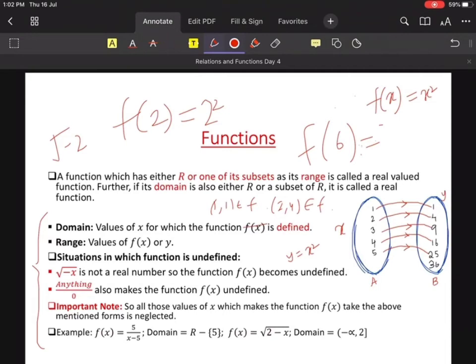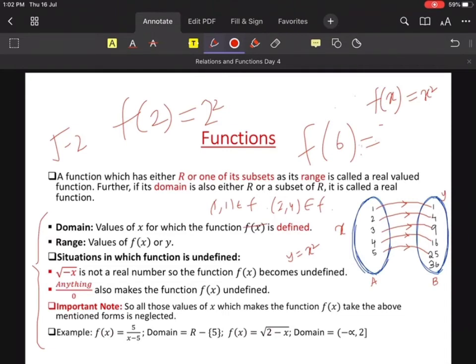Now there is an important note. All the values of x which make the function f(x) take the above mentioned form are neglected. Can anybody explain what they are saying by this sentence? I'm just letting you guys try. Why are they saying this thing?